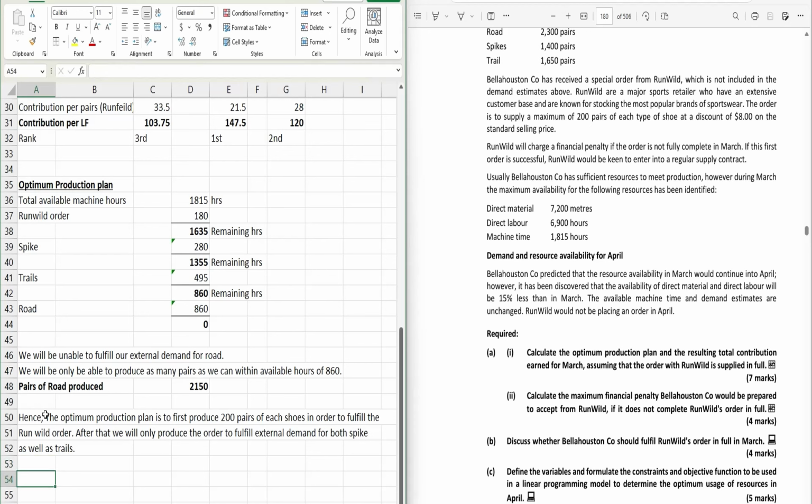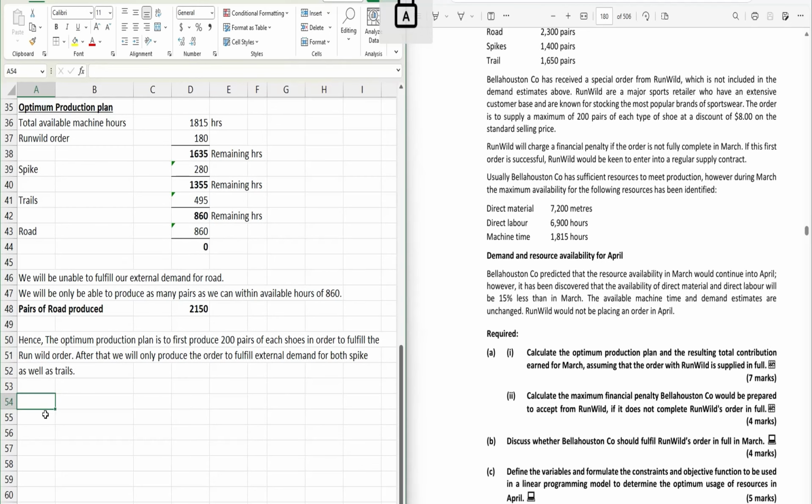Okay, so we can write it here: optimum production plan. You can summarize here. So we have road, spike, and then trial, right? So how much external demand is produced, and Run Wild, and then we will calculate the total contribution accordingly.